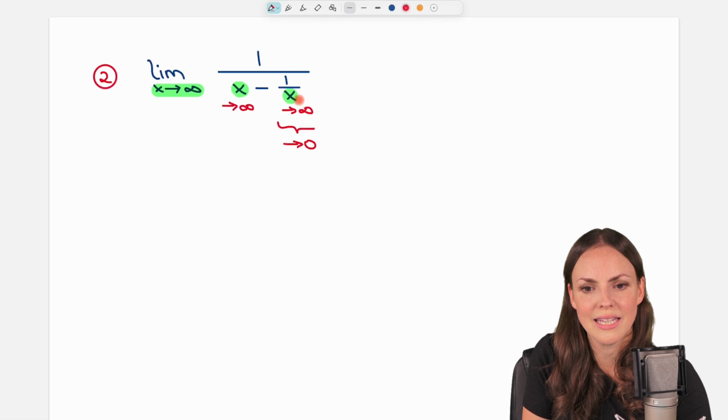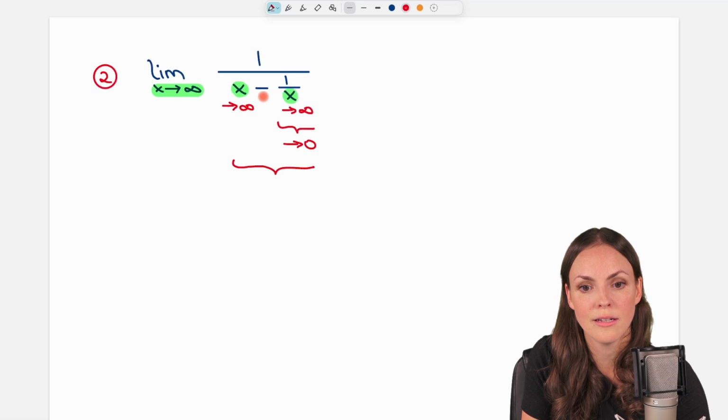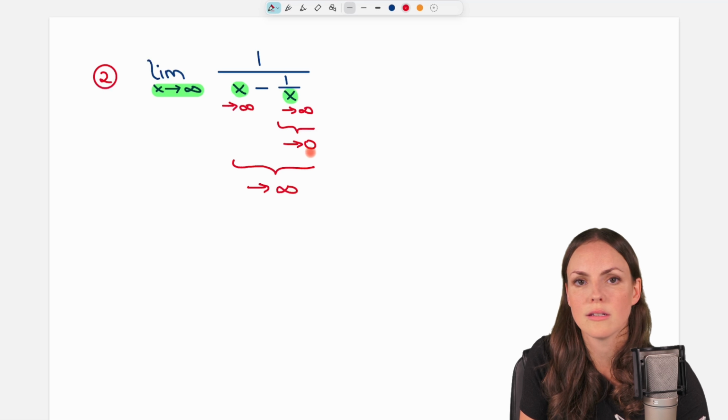What does this mean for the entire denominator down here? In total, we have infinity minus 0. This will approach infinity because minus 0 doesn't change anything for this infinity. So this denominator will approach infinity.